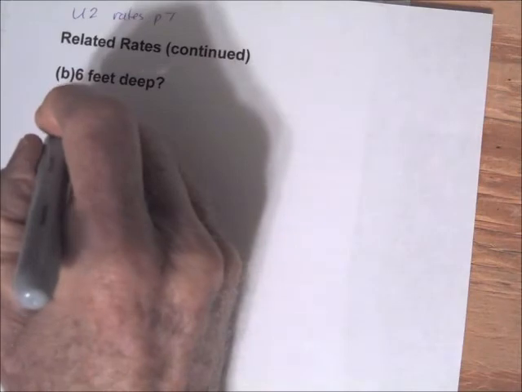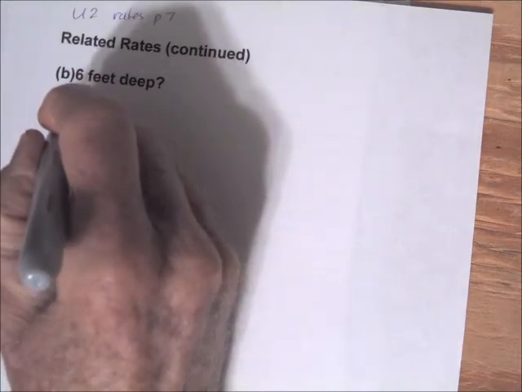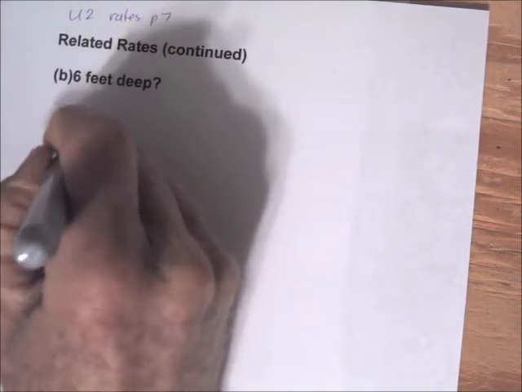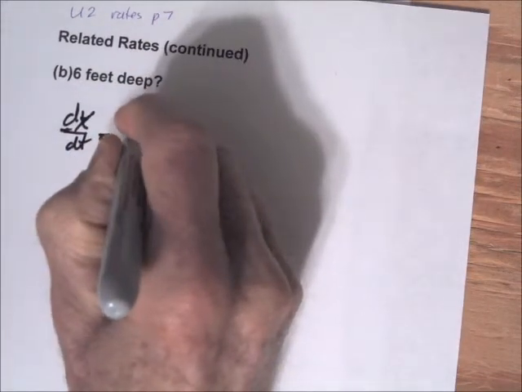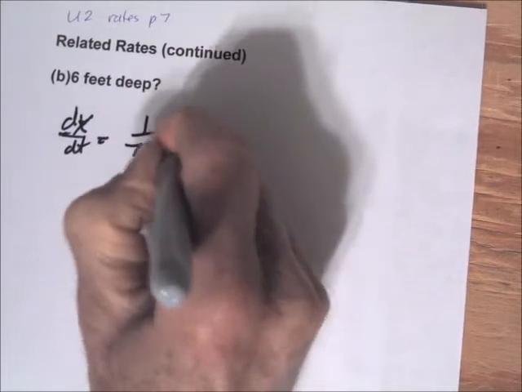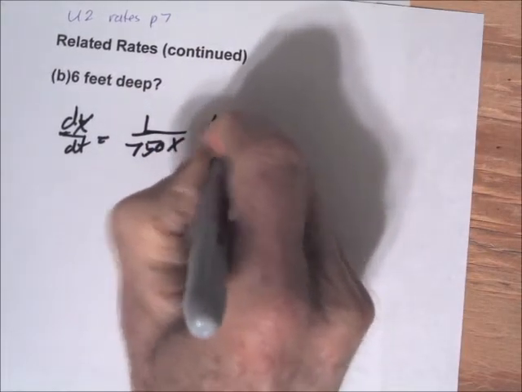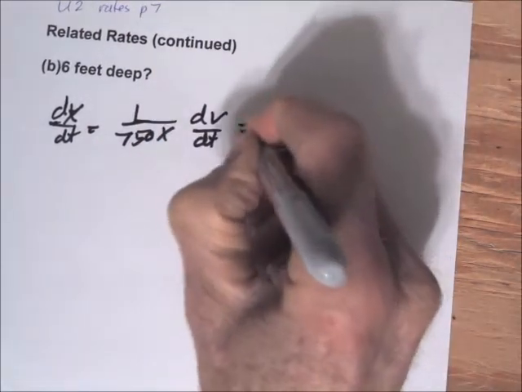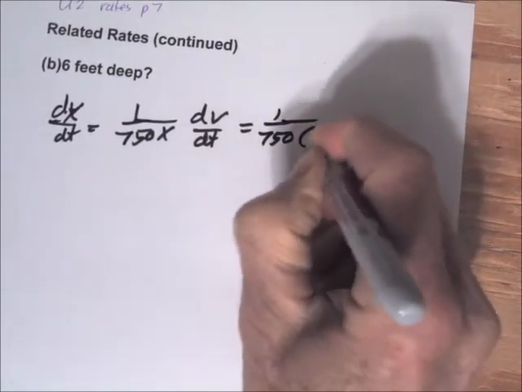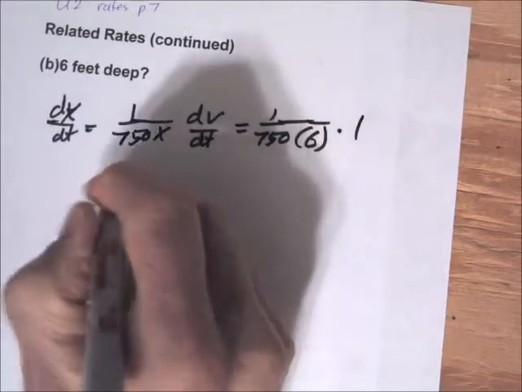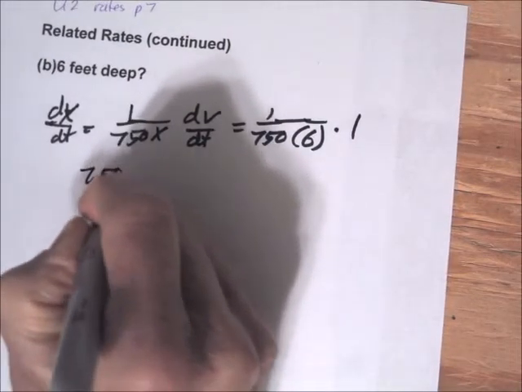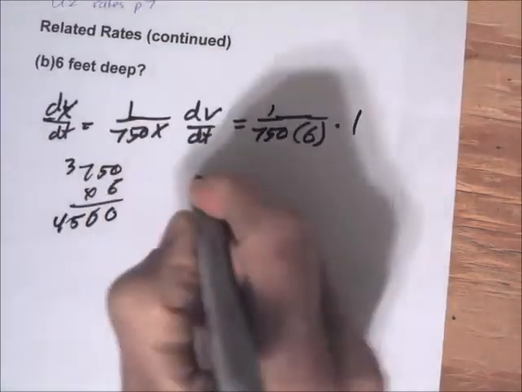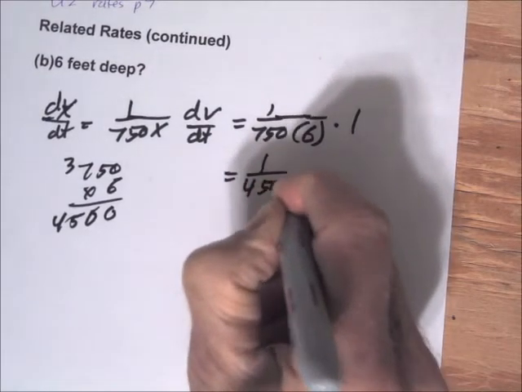Well, it's the same formula. dx/dt is going to be 1 over 750 x times dV/dt, and now we put in a 6 here, so it's 1 over 750 times 6, and dV/dt is just 1. 750 times 6 is 4,500, so it's 1 over 4,500 feet per minute.